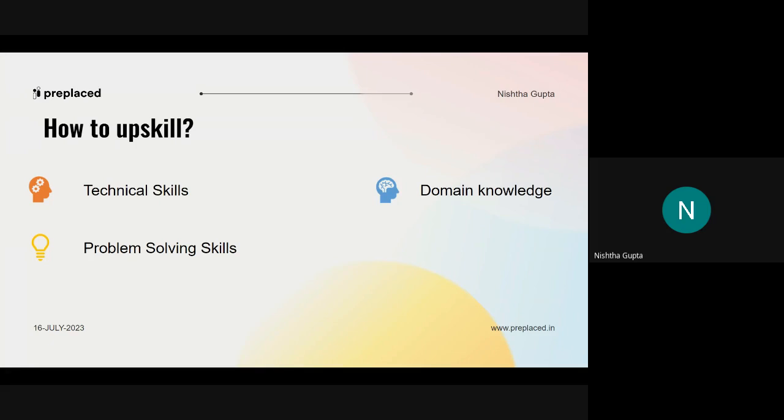As far as I understand, domain knowledge is important, as I mentioned, to convert that business problem into a data science problem. But if you already have the technical skills, domain knowledge is not really a heavy task, right?